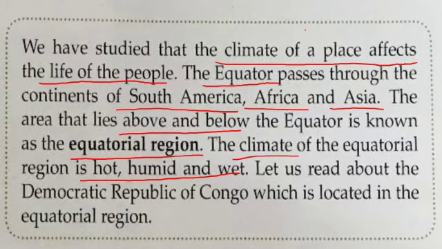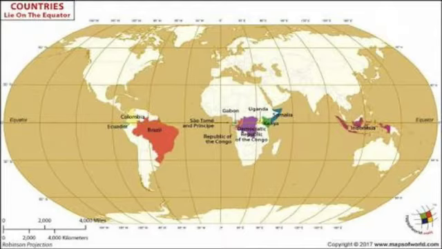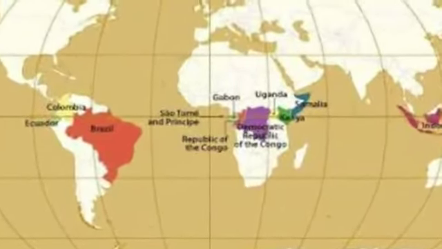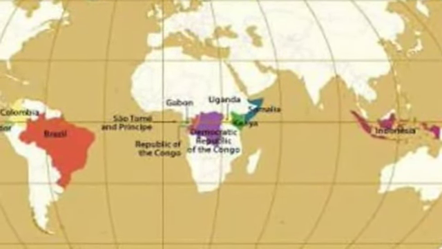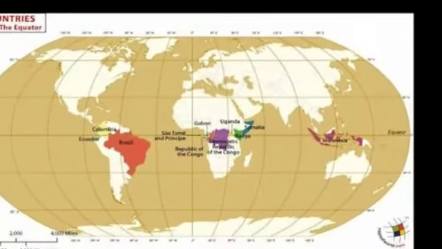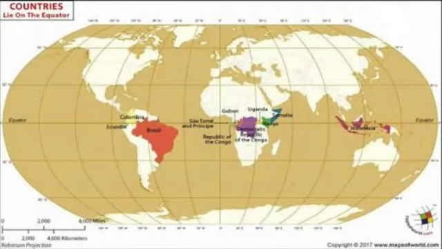We have studied that the climate of a place affects the life of the people. किसी भी जगह के लोगों का जो लाइफस्टाइल है, it is dependent on the climate of that place. The equator passes through the continents of South America, Africa and Asia. The area that lies above and below the equator is known as equatorial region.